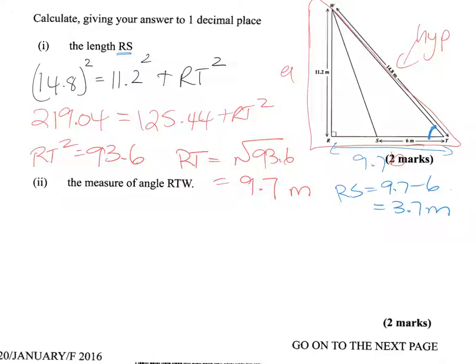Okay, now we want to get RTW. So to get RTW, we can use opposite and we can use hypotenuse. So if we know we're using SOHCAHTOA, we're going to look at opposite and hypotenuse. So opposite and hypotenuse, we'll use sine.